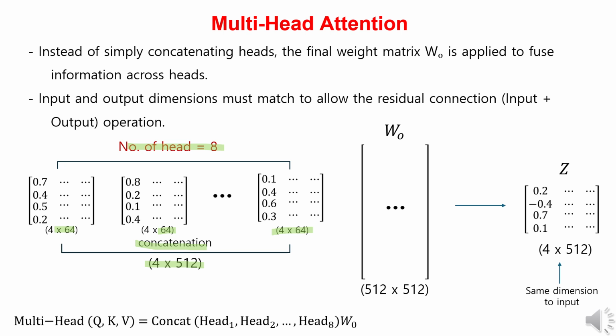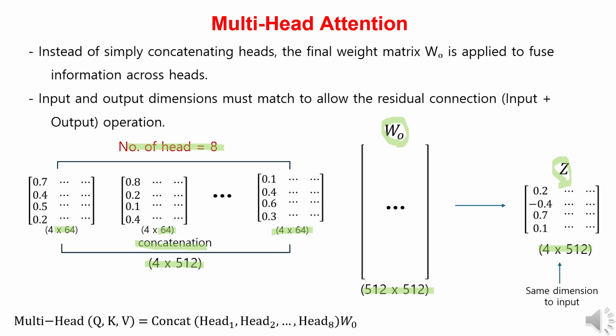To semantically integrate the information learned by each head, this concatenated matrix is then multiplied by a final output weight matrix, WO. The dimension of WO is 512 by 512, and this transformation produces the final output with dimensions 4 by 512.